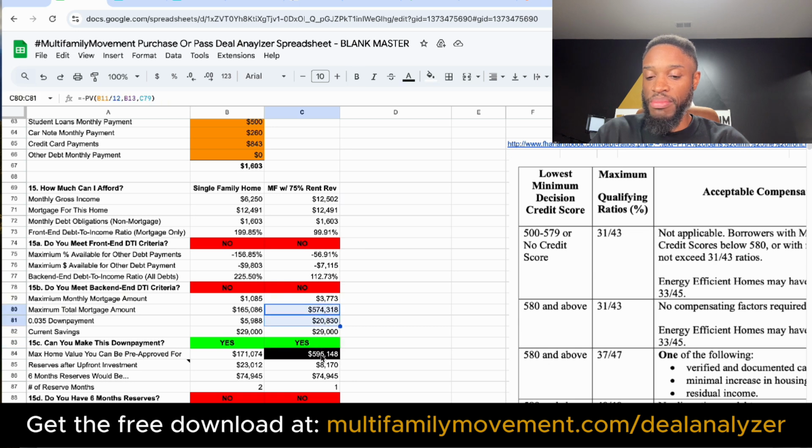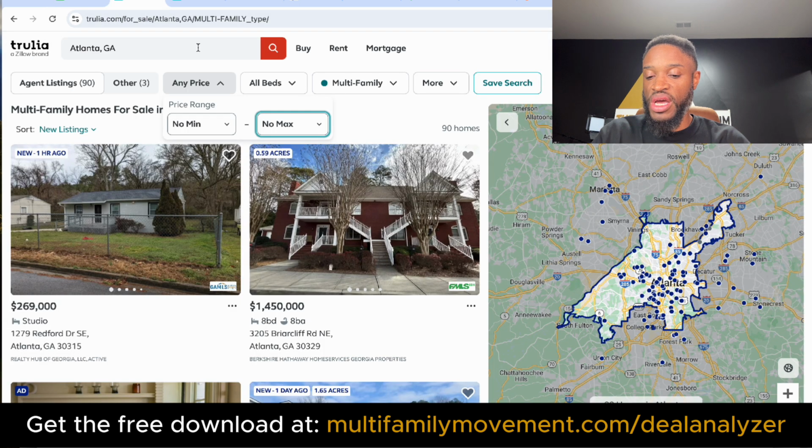So yes, you could make that down payment. So when you add these two up, the total price that you could shop for in terms of a multifamily, with you making $6,250 a month, you having $1,600 a month in debt, and you finding a property that generates around $8,000 a month in rental revenue, means that you could qualify for a property for about $600,000.